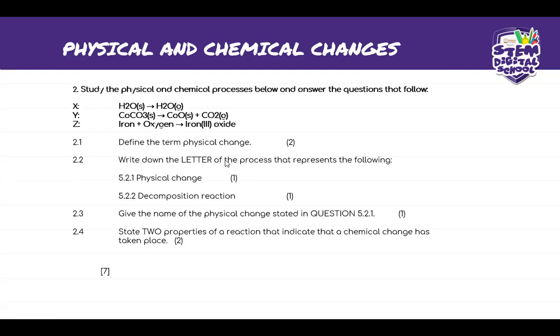So what they want to know first is to define the term physical change. Remember we did this earlier in the course, defining physical change.